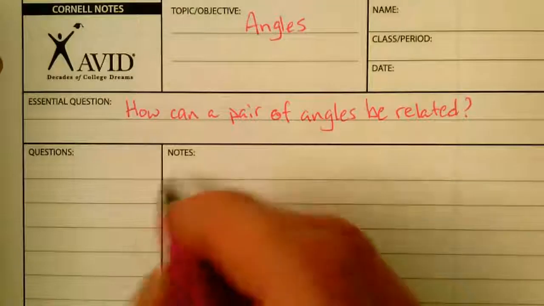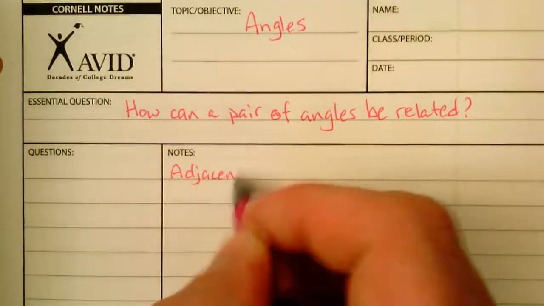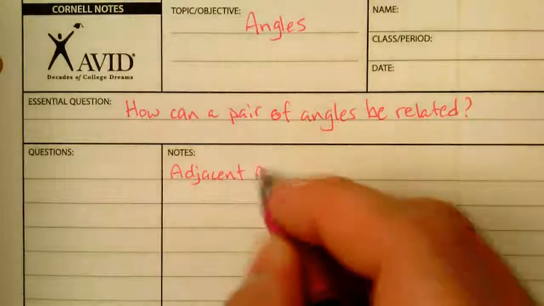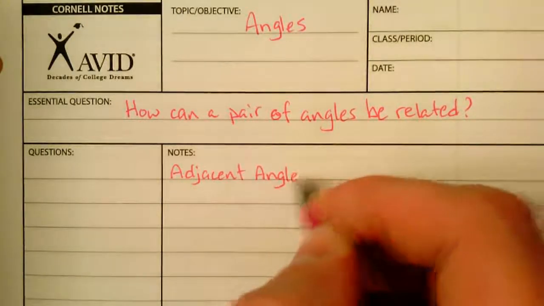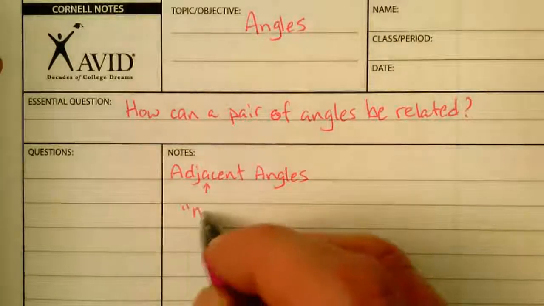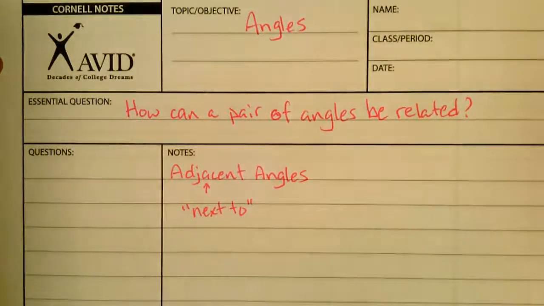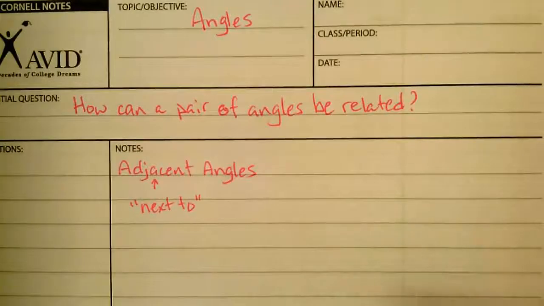So, first, we have adjacent angles. And by the way, the word adjacent means next to. You'll see that a lot. A lot of things are adjacent. That's adjacent, next to.